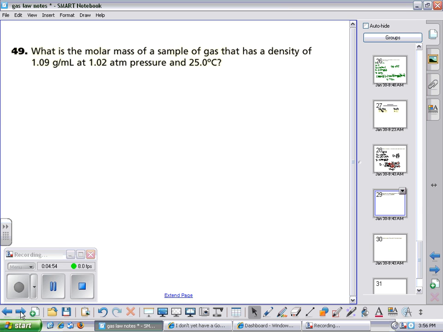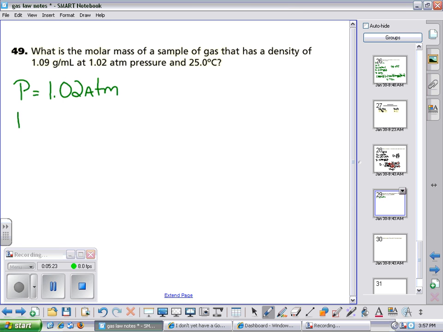And let's practice this one here. This one's solving for molar mass. What is the molar mass of a sample of gas that has a density of 1.09 grams per milliliter at 1.02 atmospheres pressure and 25 degrees Celsius? So, our pressure, 1.02 atmospheres.